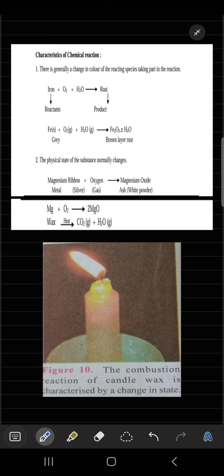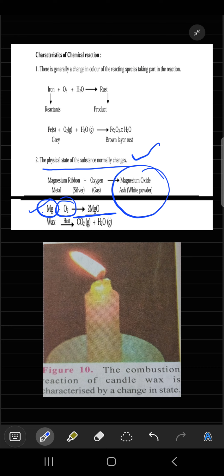Second is, the physical state of the substance normally changes. For example, when magnesium is burned in the presence of oxygen, what we get is magnesium oxide. Here the magnesium is a metal and magnesium oxide, the product, is formed, which is white in color.